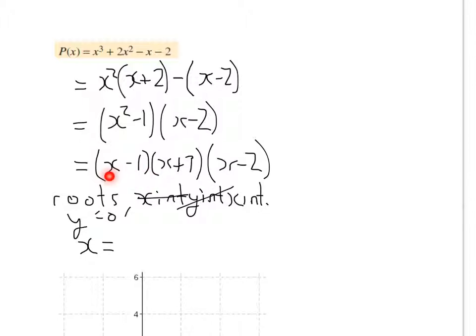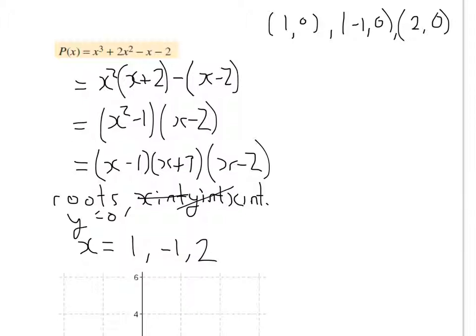Now, because of this one, it's plus 1. Because of this one, it's minus 1. And because of this one, it's plus 2. So 1, minus 1, and 2. So we get 3 points, 1, 0. Minus 1, 0. And 2, 0.